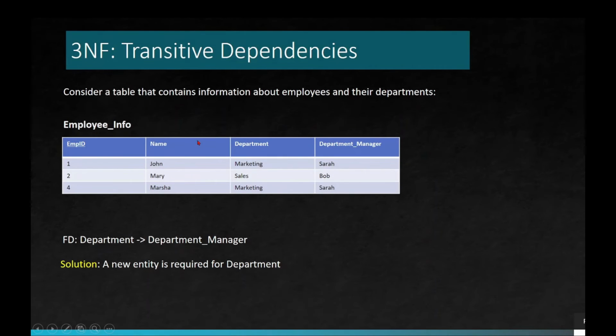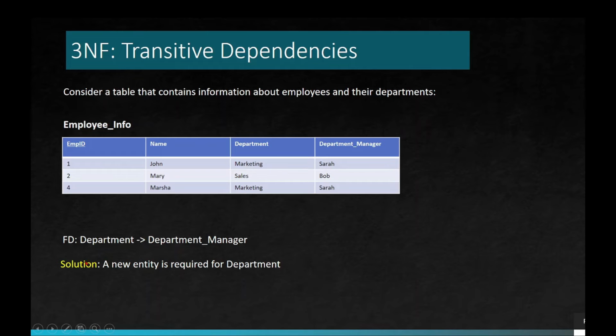So here we have another table with employee info. We have the employee ID, name, department, and department manager. For this table, the employee ID is the primary key. And we have department, which is a non-candidate key, which is determining manager.